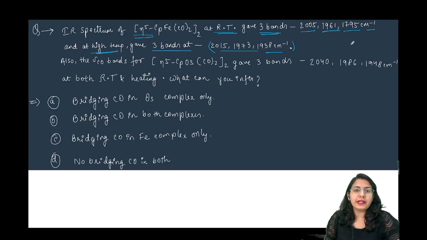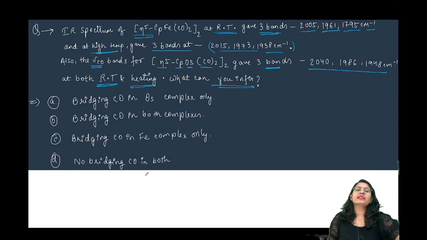Also the carbonyl stretching bands for eta 5 CpOs(CO)2 whole 2 gave 3 bands at these frequencies at both room temperature as well as the higher temperature after heating. So what can you infer from here? What is the conclusion from this information? There are 4 options. Just try this question on your own and after that I'll answer.